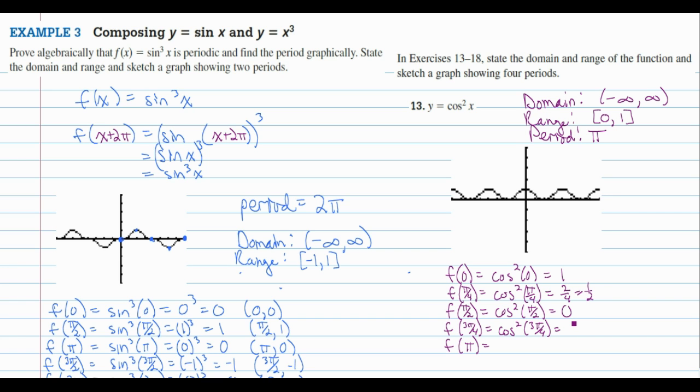See, quadrant 2, so that's negative square root 2 over 2, but squared will become positive 1/2 again. The cosine of pi is going to be negative 1, but then squared is going to be positive 1. So I have 0, 1, pi over 4, 1/2, pi over 2, 0, 3 pi over 4, 1/2, and pi, 1 as the 5 points in this period of the graph.